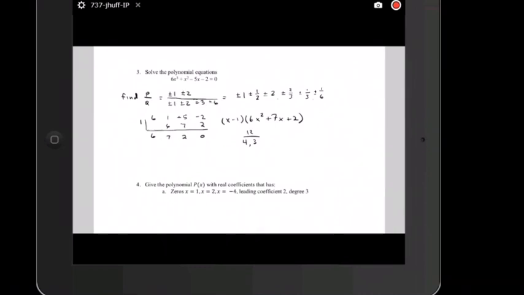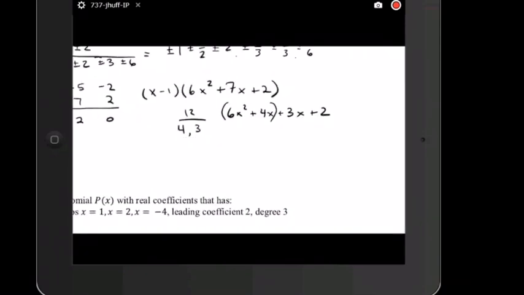But this one's going to factor, so we got 6x squared. The 7x is going to split up into 4 and 3, so 4x plus 3x plus 2. When we group those first 2 terms, we can take out a 2x. That leaves 3x plus 2.